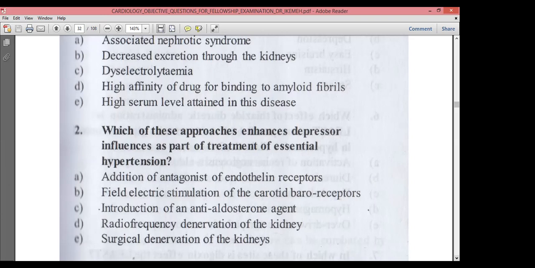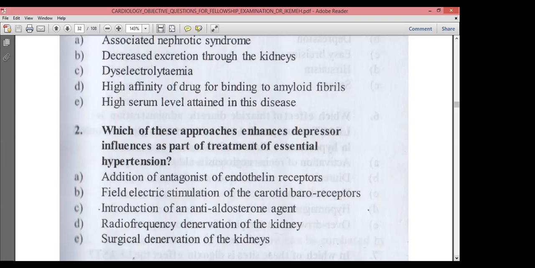If the BP is decreased and you stimulate them, it's going to increase the BP. Unlike the aortic baroreceptors, they only sense increased blood pressure, without that dual sensing of both low BP and high BP. I came across a study where they used this field electrical stimulation of the carotid baroreceptors to treat resistant hypertension. So option B is the correct one, but let me go on.